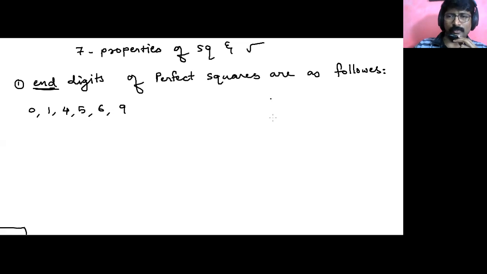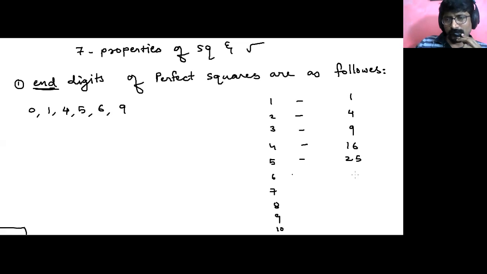If I write 1, 2, 3, 4, 5, 6, 7, 8, 9, 10, and look at the unit place: 1 square ends with 1, 2 square is 4, 3 square is 9, 4 square is 16, 5 square is 25, 6 square is 36, 7 square is 49, 8 square is 64, 9 square is 81, and 10 square is 100.